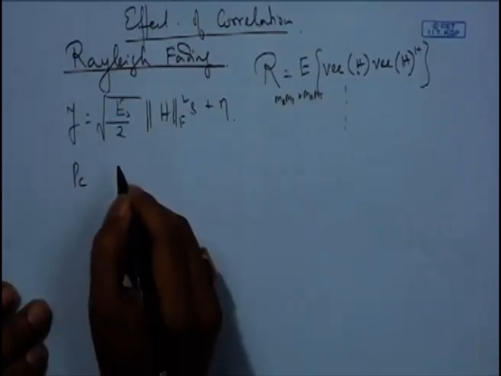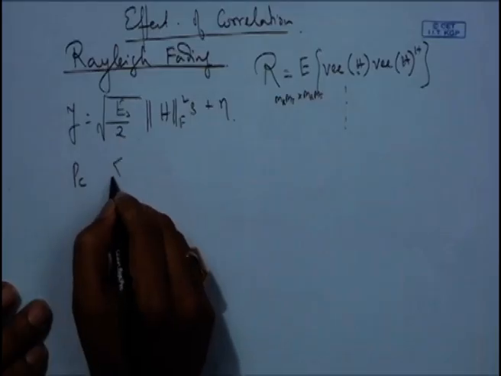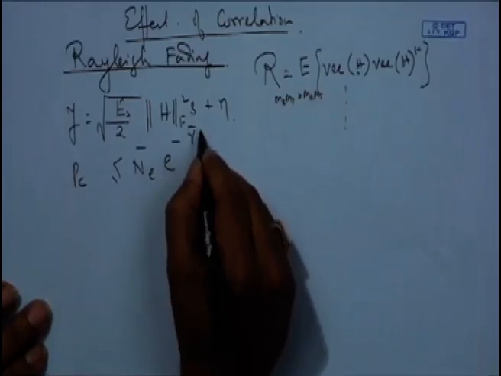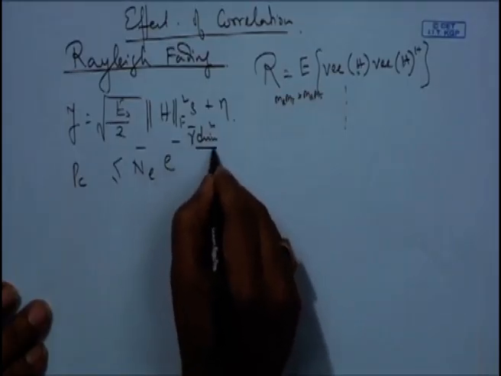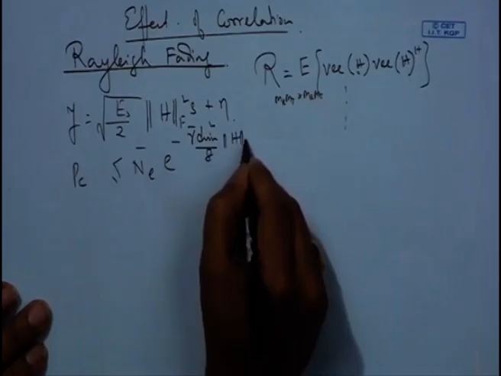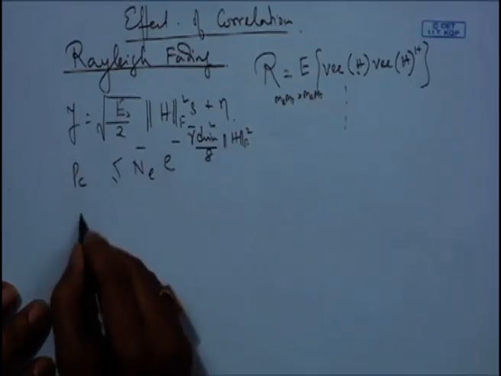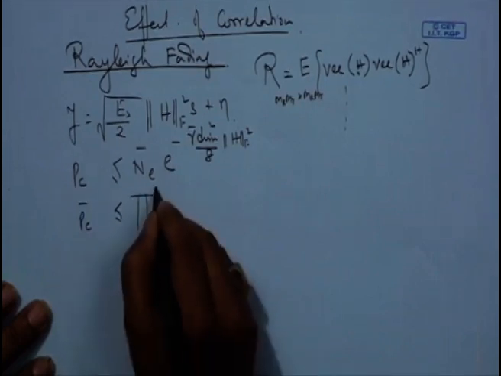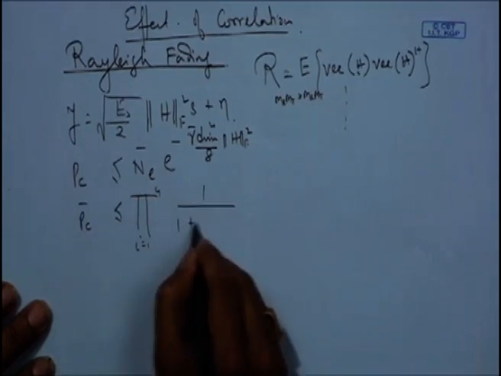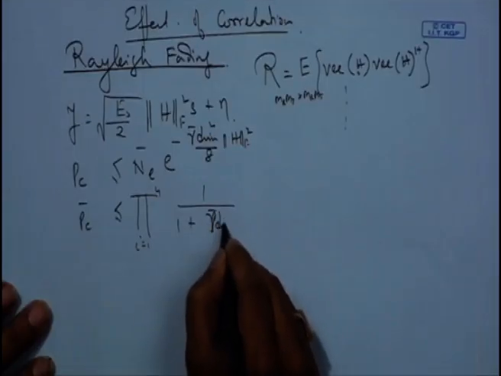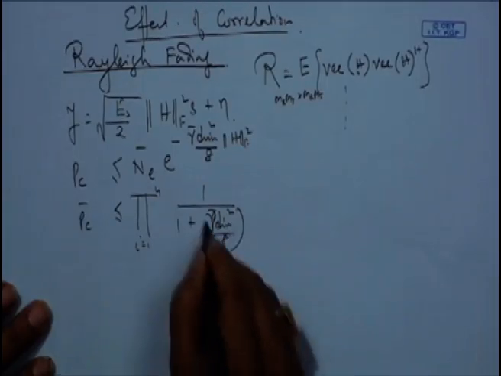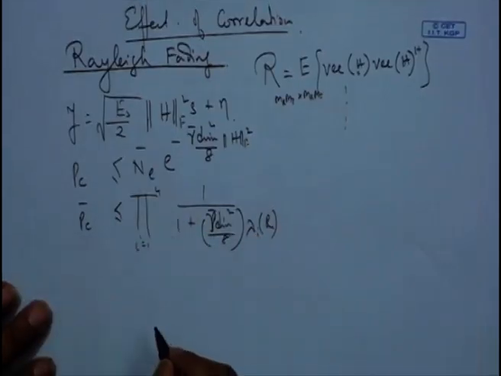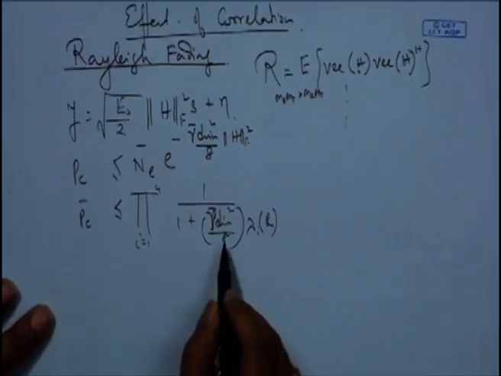The probability of error expression is given by PE is less than or equal to e to the power of minus gamma bar d min squared by 8 times the Frobenius norm of H squared. This we have come across, and the average PE is less than or equal to the product over i equals 1 to 4 of 1 by 1 plus gamma bar d min squared upon 8 times lambda i of R, for a 2 cross 2 Alamouti scheme.